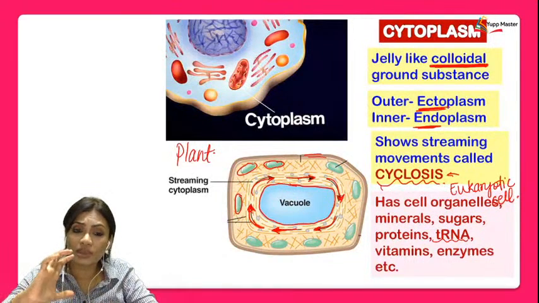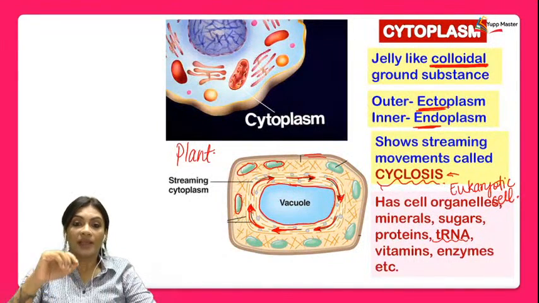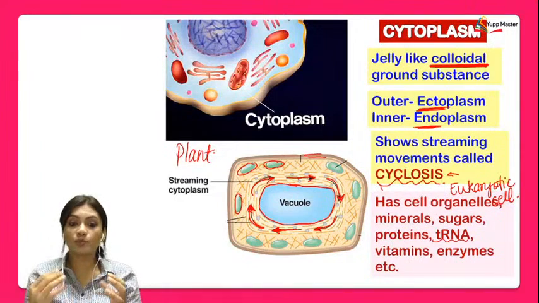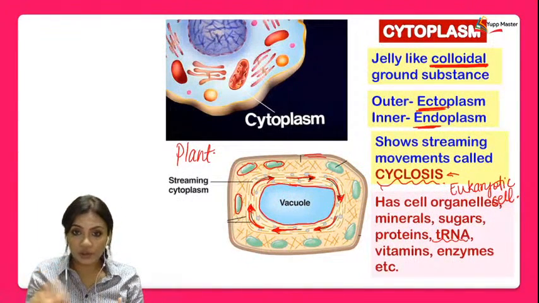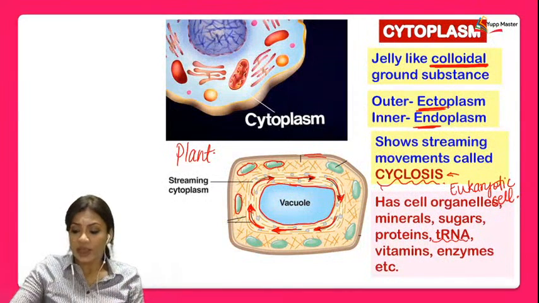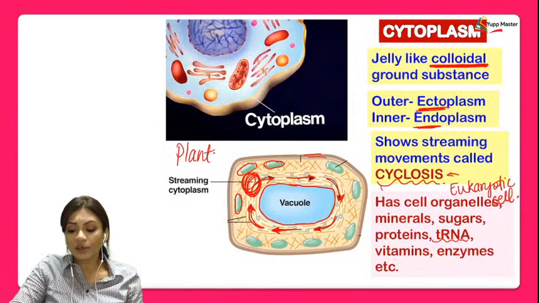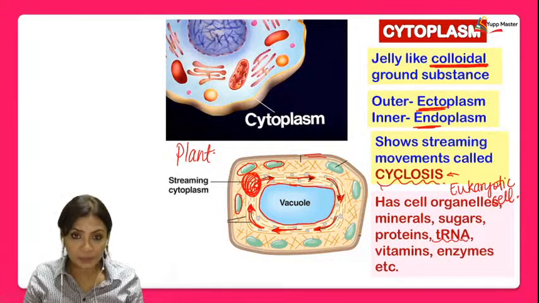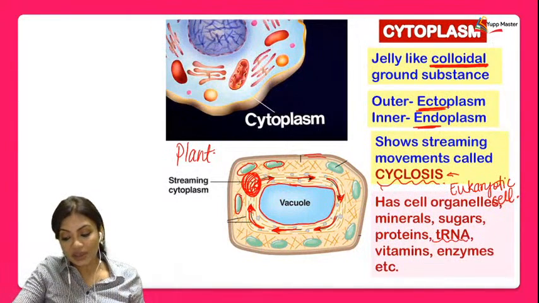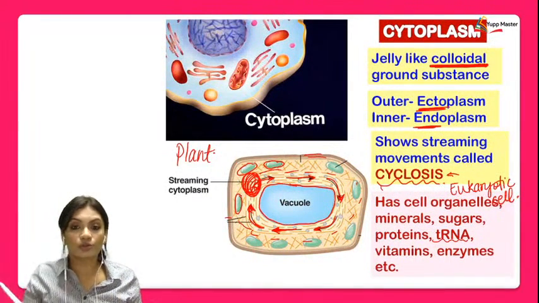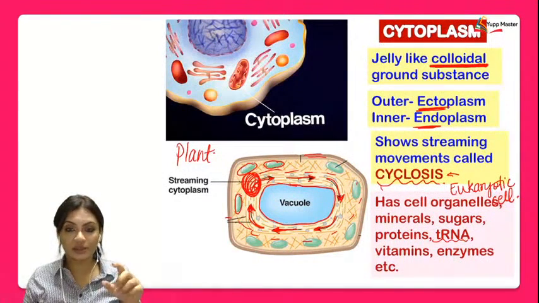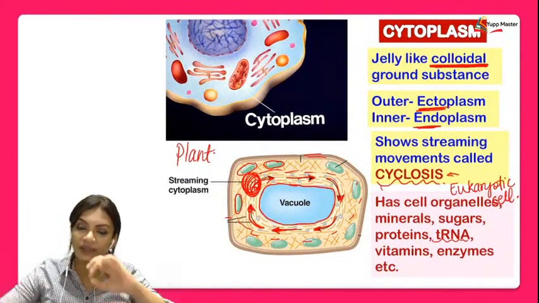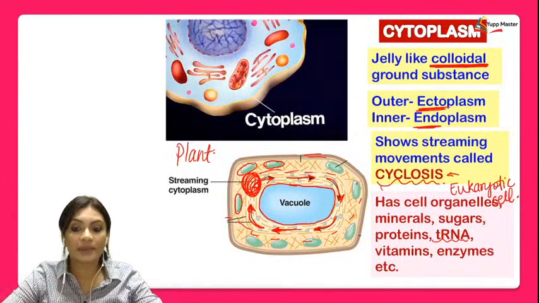Remember the most important part here: in order for any substance to be transported equally throughout the cell, if you have food material, you have sugars, and let's say all the sugar is concentrated in one region only, can that help us? No. So we need it to be equally distributed throughout the cell, and for equally distributing that food material throughout the cell, the cytoplasm is basically going to be showing streaming movements.